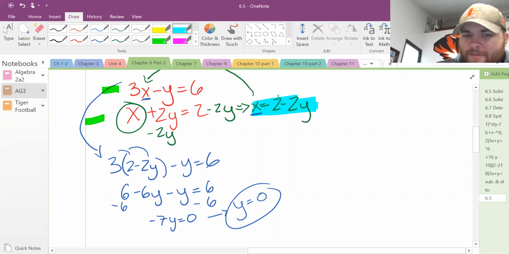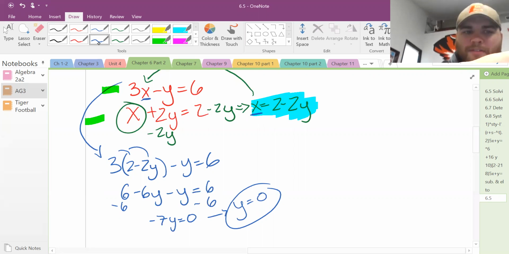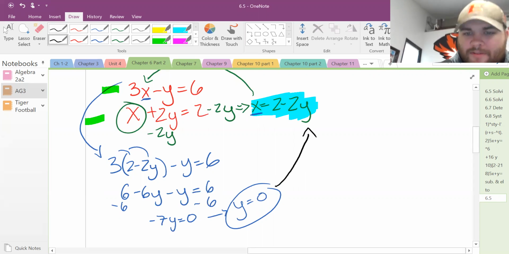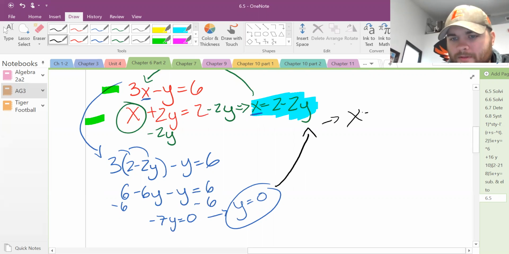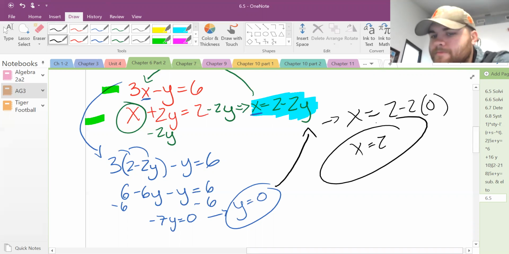Don't we already have an equation where we solve for x? Can't I just go ahead and plug 0 into this equation? That would be my easiest road to solve for x. Let's see. What's my y? My y is 0. So x is just going to give you 2. Done.